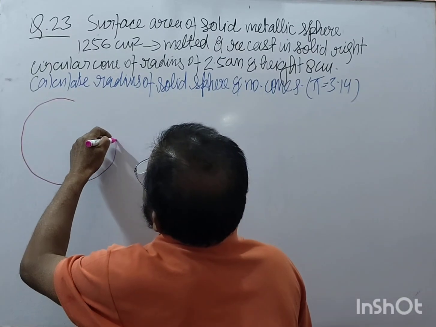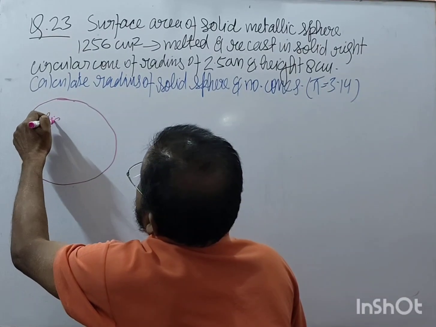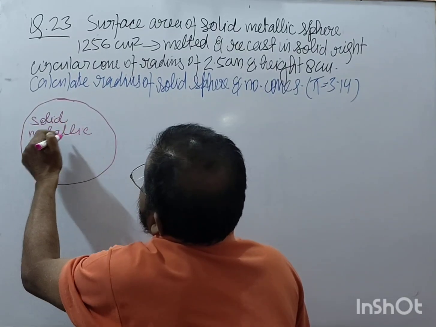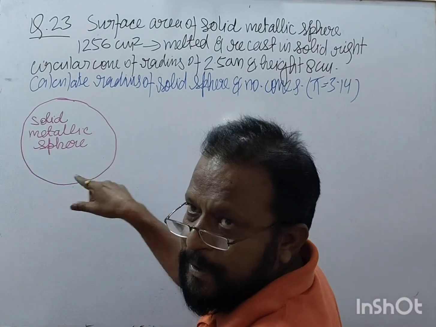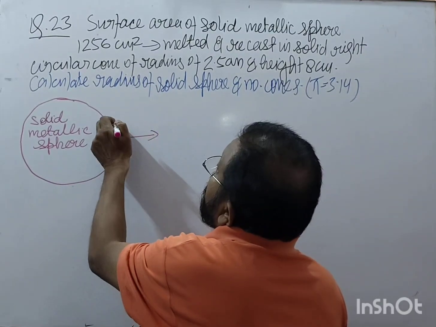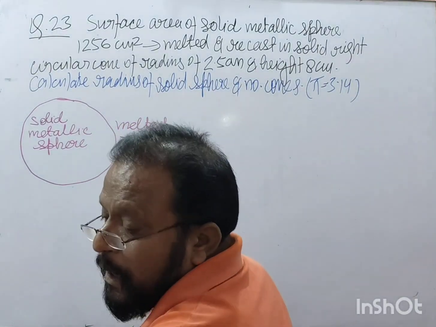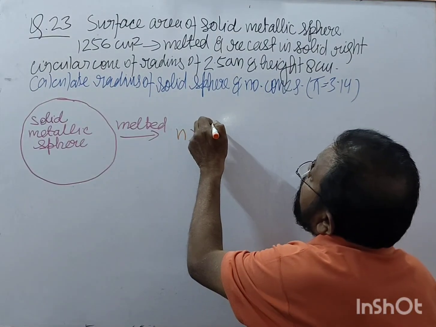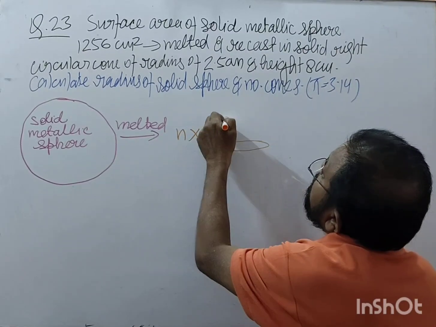This solid metallic sphere is melted and recast into n number of cones, like this.